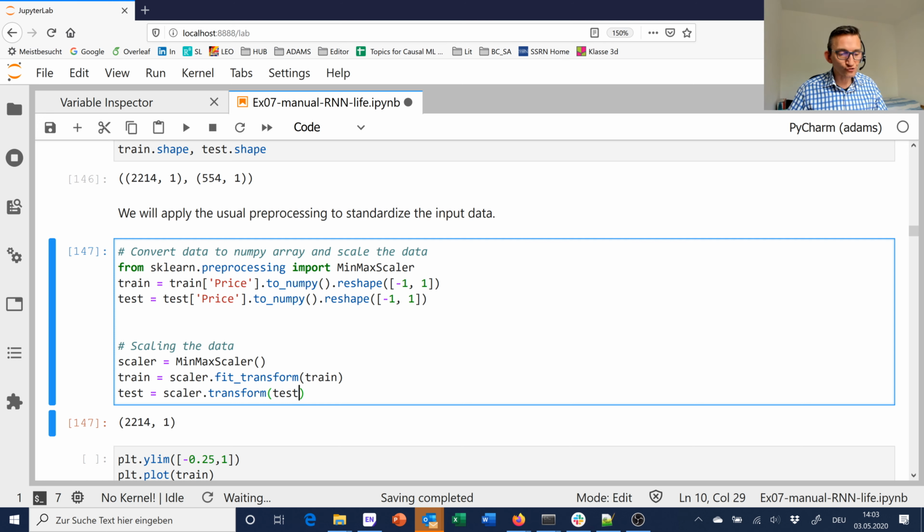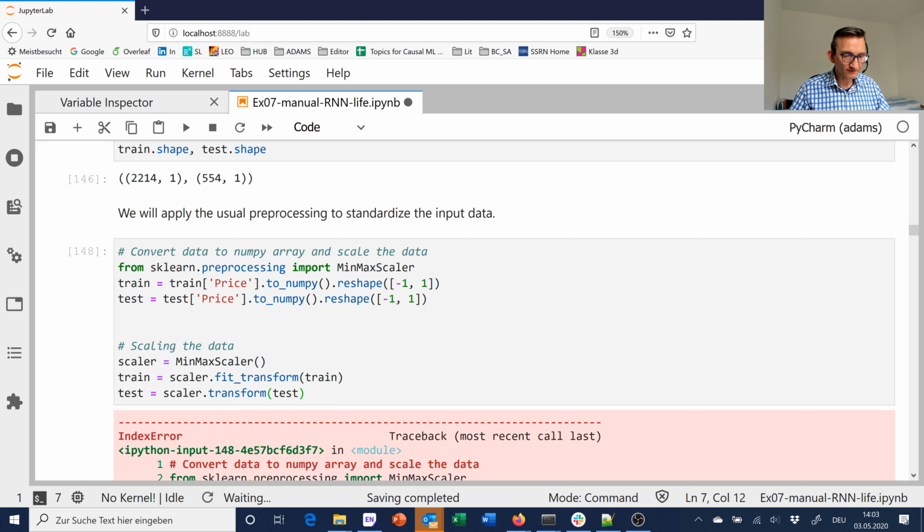So that's the right usage of the scalers: fit them on the training set, and then scale the test set using the fitted values. You can imagine that if you want to wrap that up in cross-validation and more complicated experimental designs, things can get a little nasty. But still, that is what we need to do.